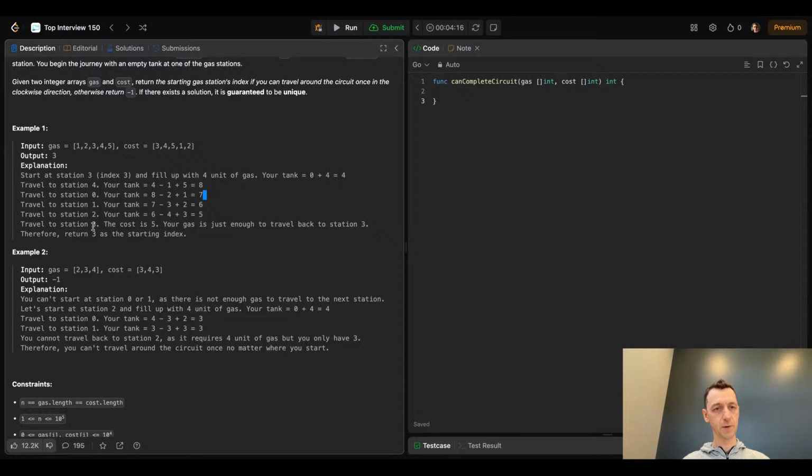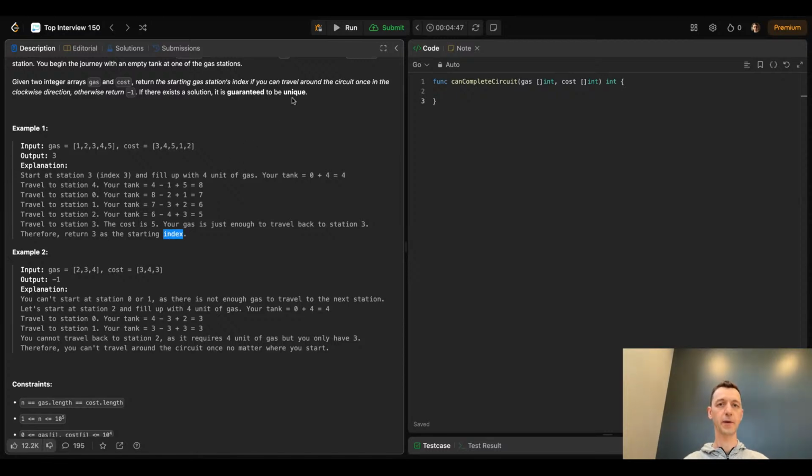Travel to station 3, the cost is 5. I guess it's just enough to travel back to station 3. Therefore, return 3 as the starting index.